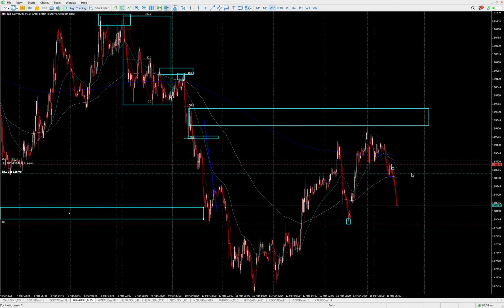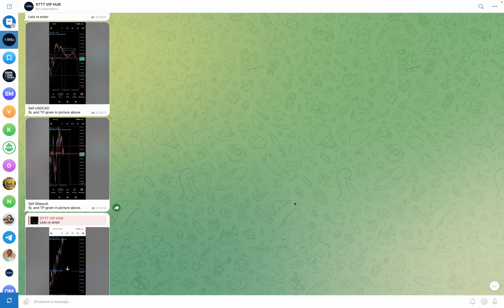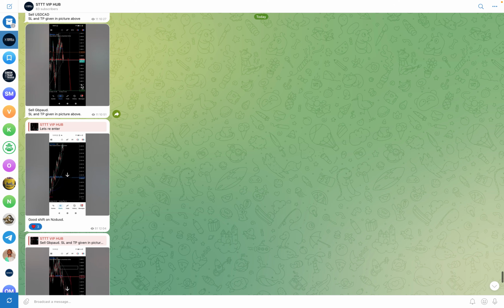So what I'm going to do is move my stop loss just below this area, and I'll also notify the VIP guys to do the same, as this trade has already moved a good number of pips.